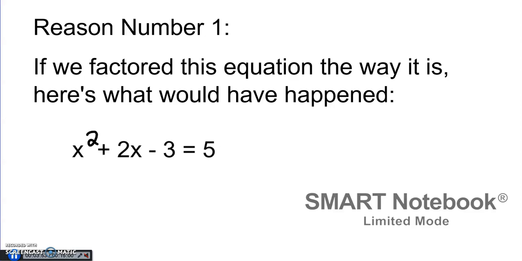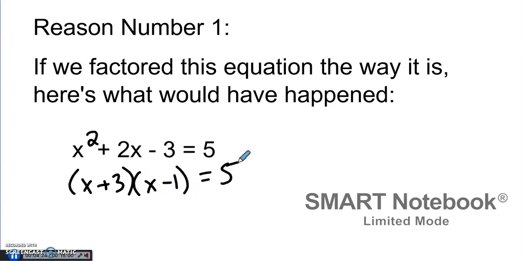So again, the reason number one is if we factor this equation the way it is, something fishy is going to happen. So if we start out and we look at x squared plus 2x minus 3, well, we can factor that. We want to find factors of negative 3 that add up to positive 2. So we get x plus 3 and x minus 1.